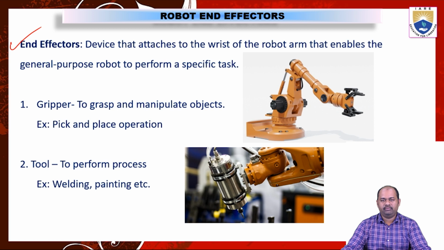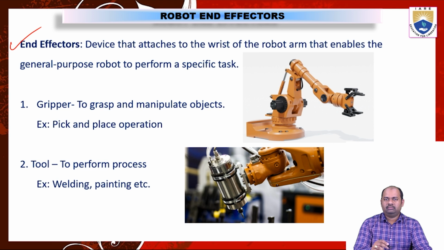An end effector is a device that attaches to the wrist of the robotic arm that enables the general purpose robot to perform a specific task. Any device which is connected to the end point of the robot is called an end effector. It has two functions: it can act as a gripper or as a tool.